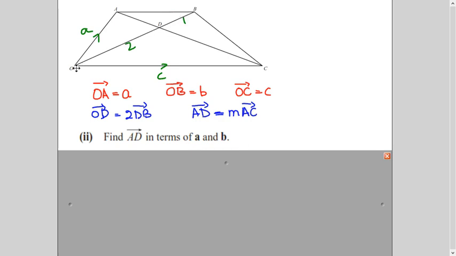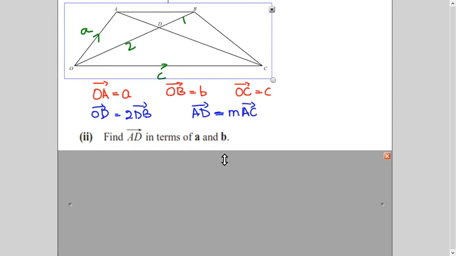I'm repeating, OD is actually 2 ratios and DB is 1 ratio. So I can say OD is 2/3 of OB, and DB is 1/3 of OB.